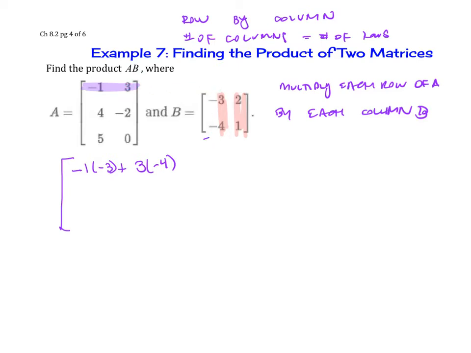Then we'll do the next row. So I'm going to do this row here, and then do the columns again. So this is 4 times the -3 plus the -2 times the -4.